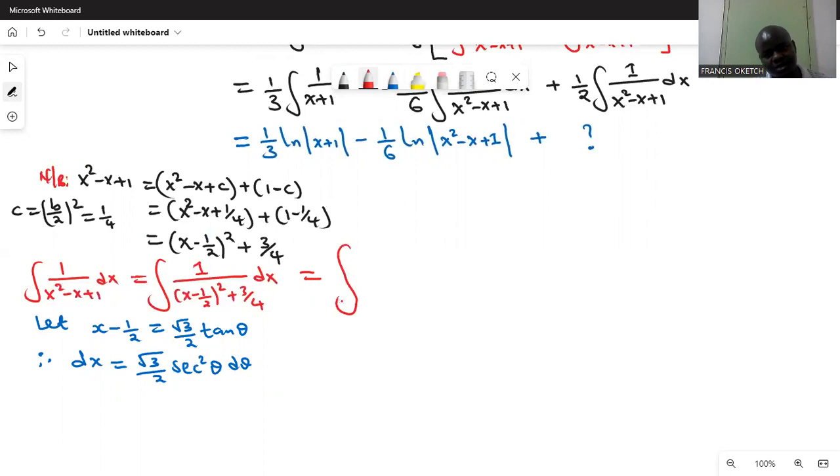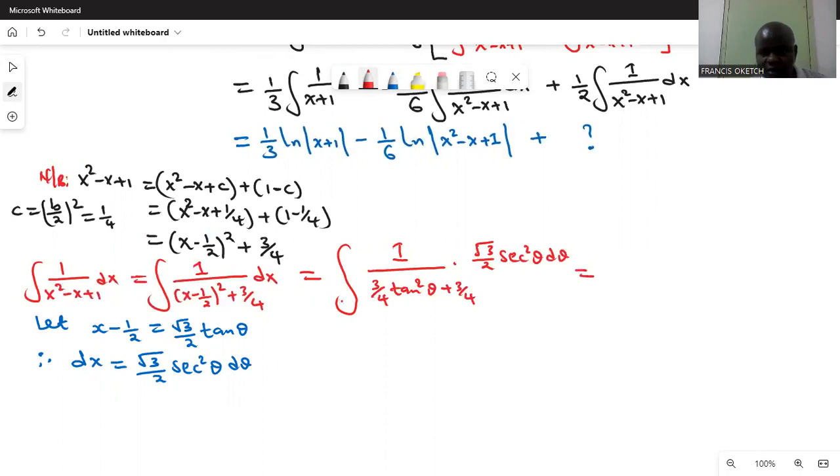So when I make this substitution, our integral will now be equal to, we are now substituting, 1 over x minus 1 over 2 squared. That will give us 3 over 4 tan squared theta. Then I can see there's another plus 3 over 4. And dx is the same as root 3 over 2 times sec squared theta d theta.